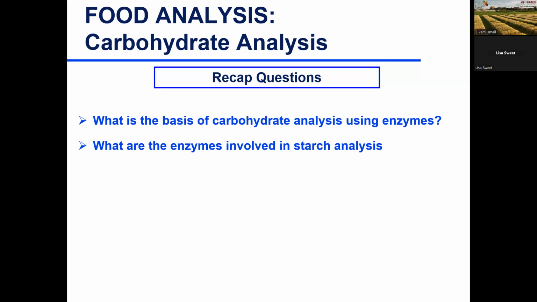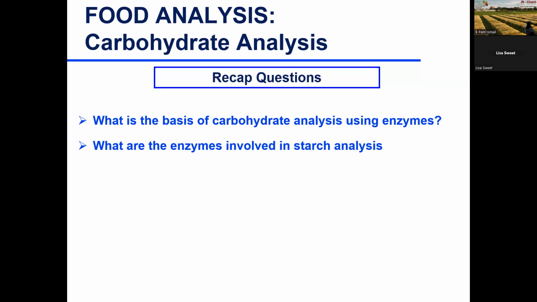And then we use enzymes that will give you a chromophore that will absorb light so that you can measure absorption, either of the reactants or the products. And oftentimes it is two-step reactions or dual enzyme reactions where you have the first reaction, which is the measuring reaction or auxiliary reaction, and then the next reaction with the second enzyme, we call it the detecting reaction, where we get the chromophore to measure absorption.